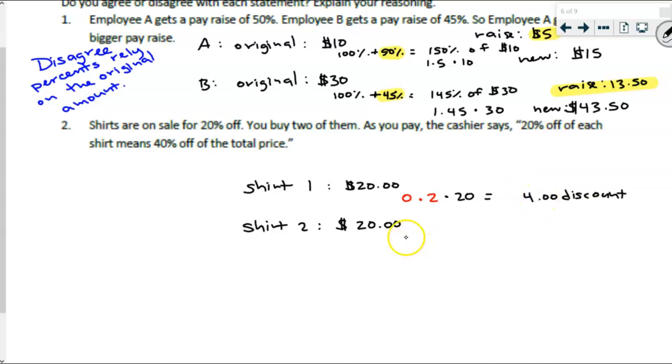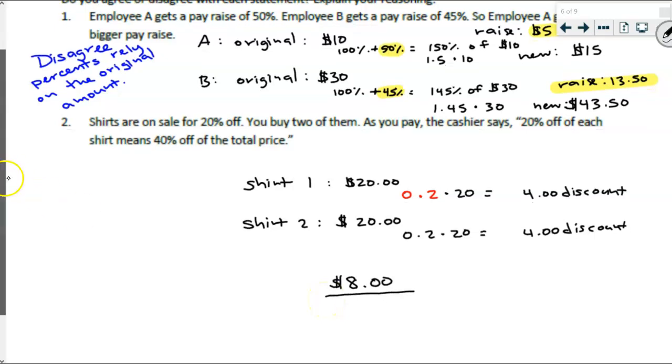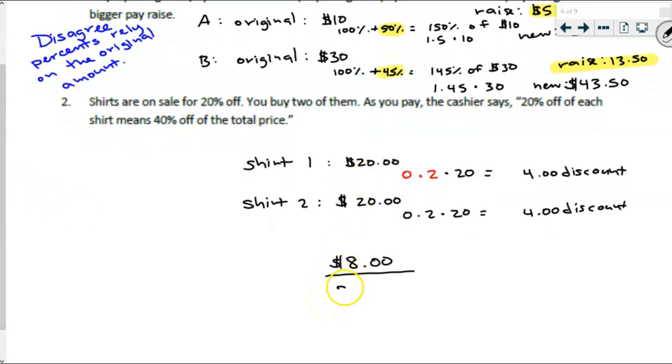I've already done the calculation, so is it okay if I just take that 20% off of the second shirt means I get another $4 discount on the second one. So $4 and $4 means I have a total of an $8 discount. Let's compare it to the original price, right? $8, the original price is $20.